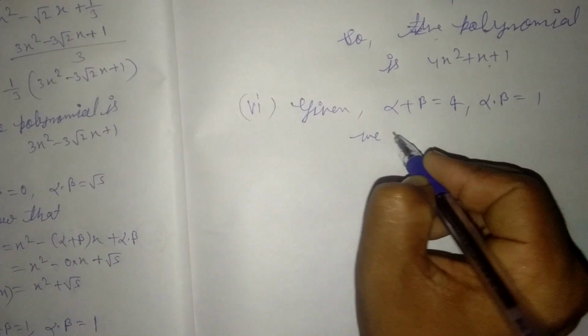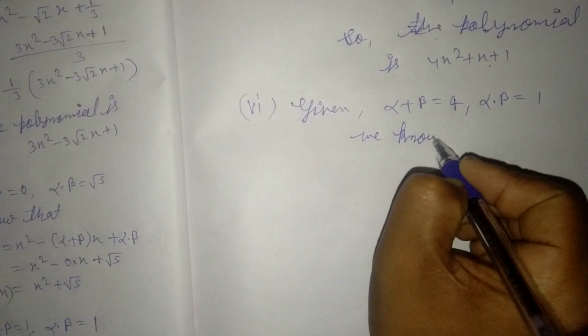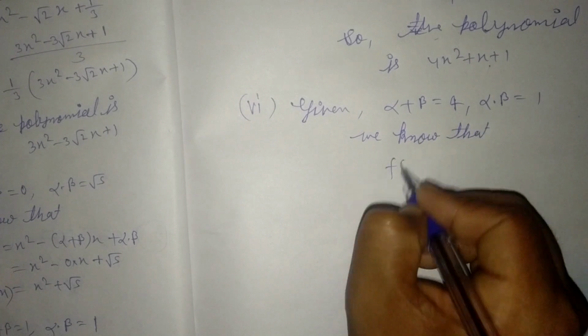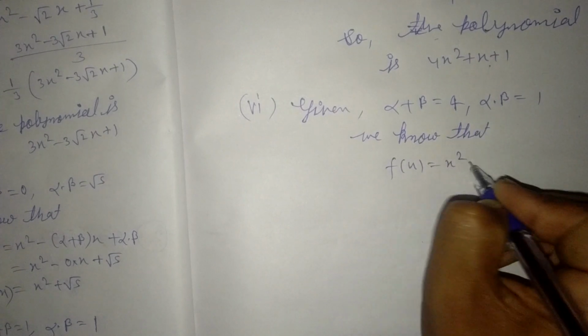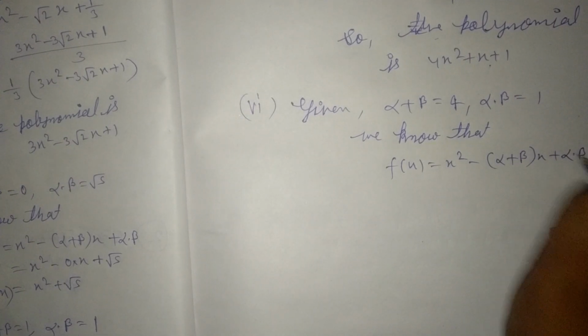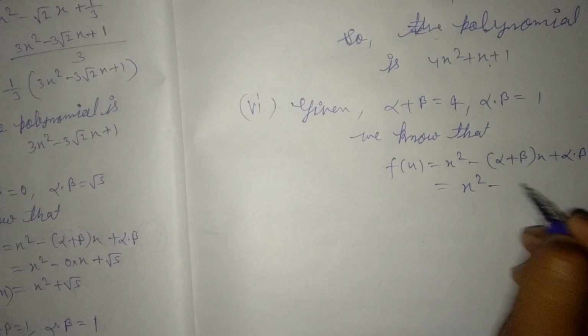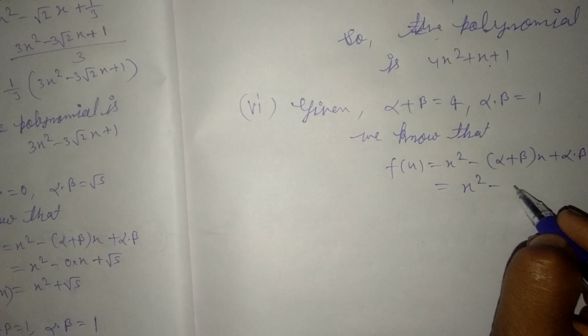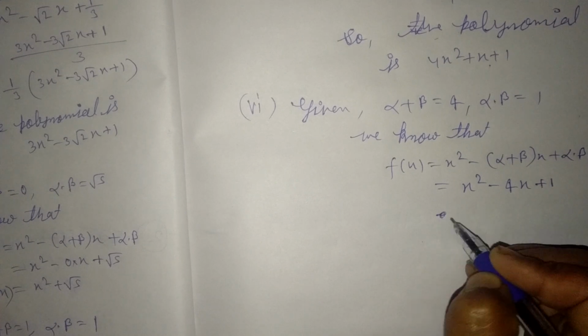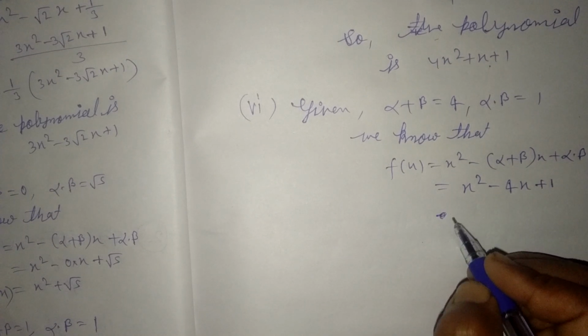We know that f(x) equals x square minus (alpha plus beta) x plus alpha beta. Okay, so x square minus 4x plus 1. So it is our answer.